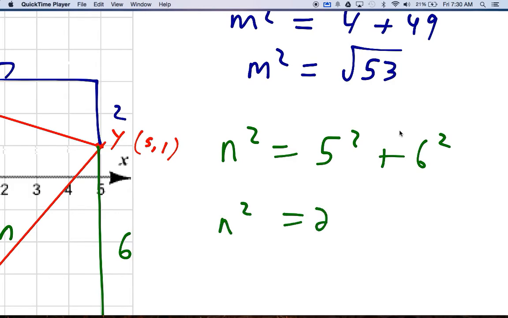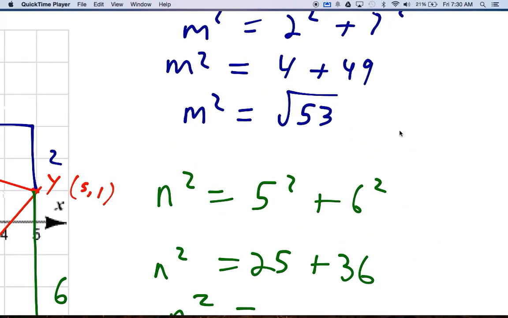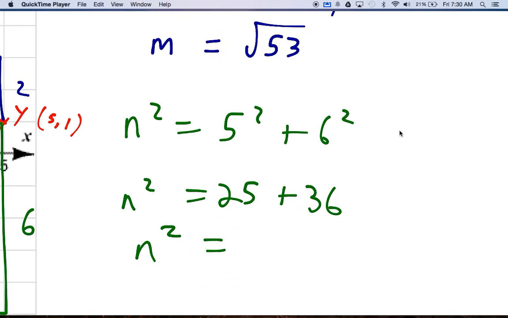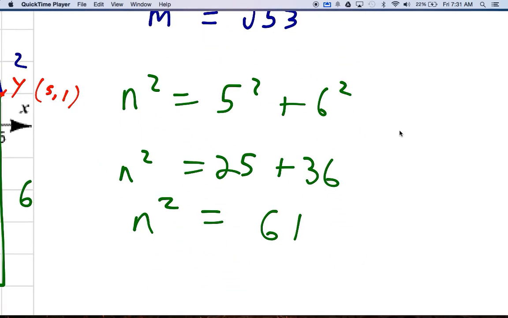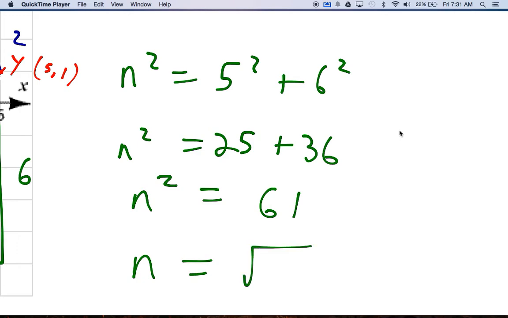N squared equals 25 plus 36. N squared equals, and I just remembered up here I should probably get rid of that, so it's m is equal to the square root of 53. Sorry about that. And so here we get n squared equals 61. N equals the square root of 61.